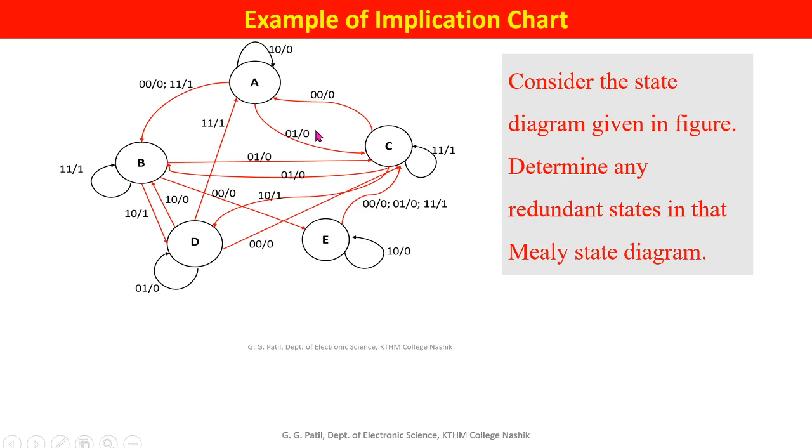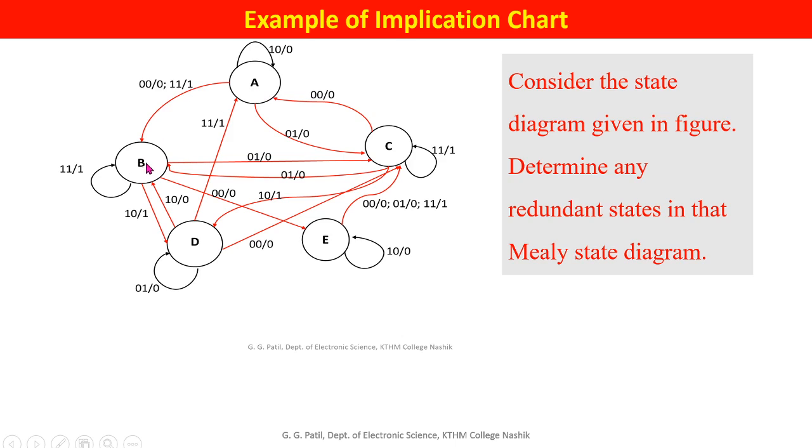Similarly, for the rest of the cases, present state is A and input is 1 0, the next state is the same state while output is 0, and when input is 1 1, it makes the transition from state A to state B and output is 1.